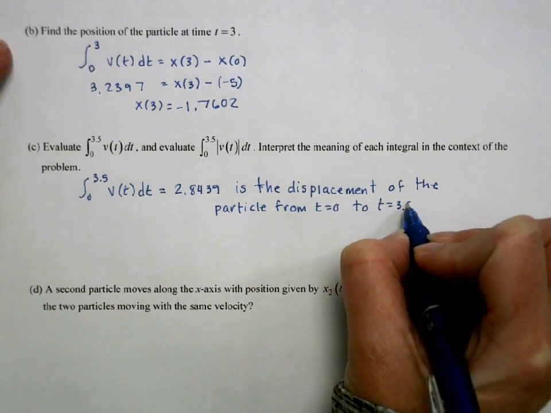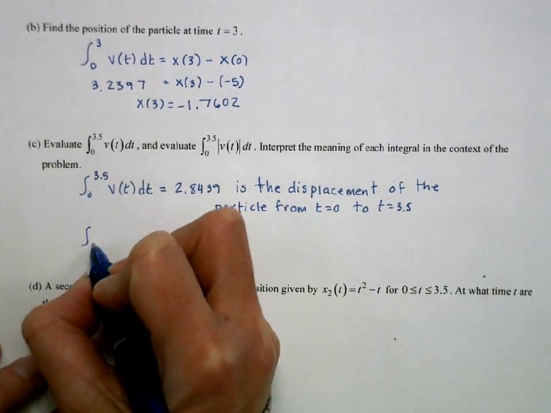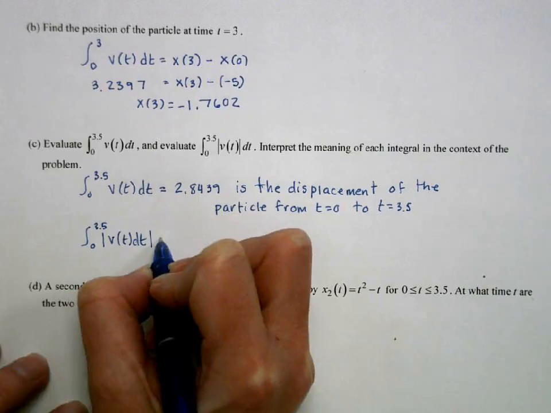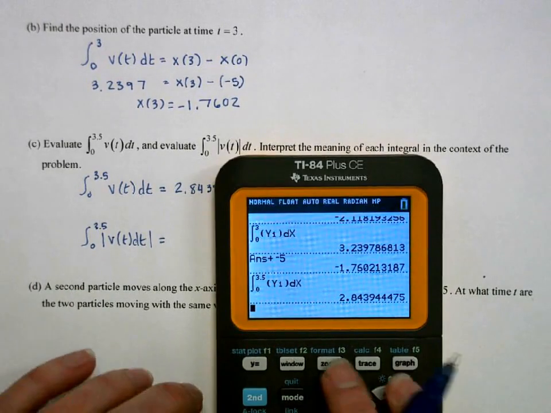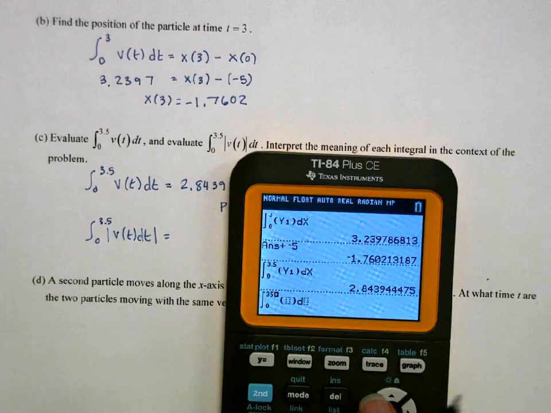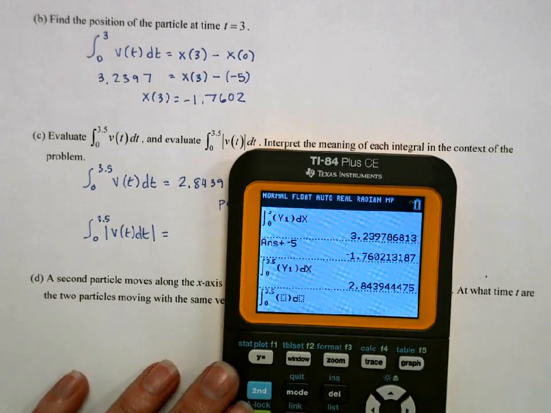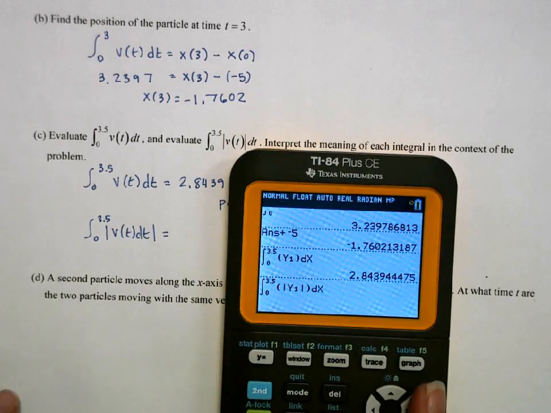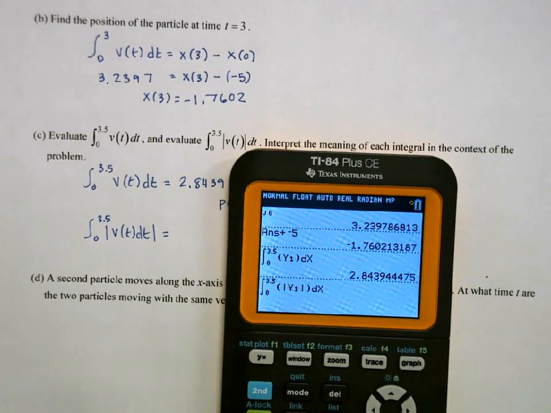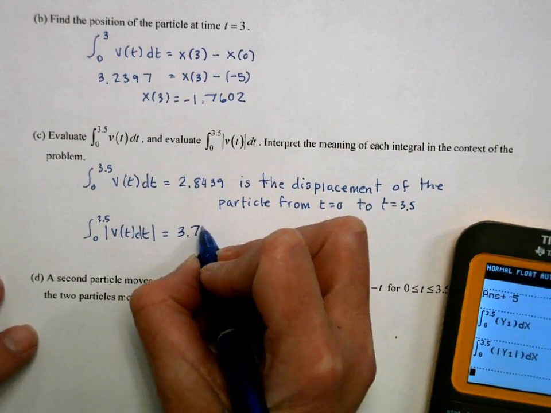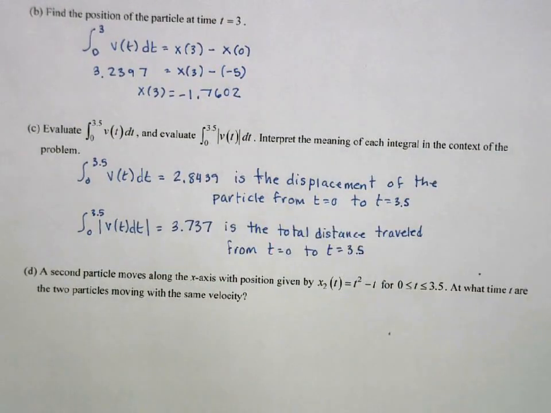Then we'll do the absolute value. And we expect a bigger number here because this is the total distance traveled. Okay, so again, it's the total distance traveled from t equals 0 to t equals 3.5.